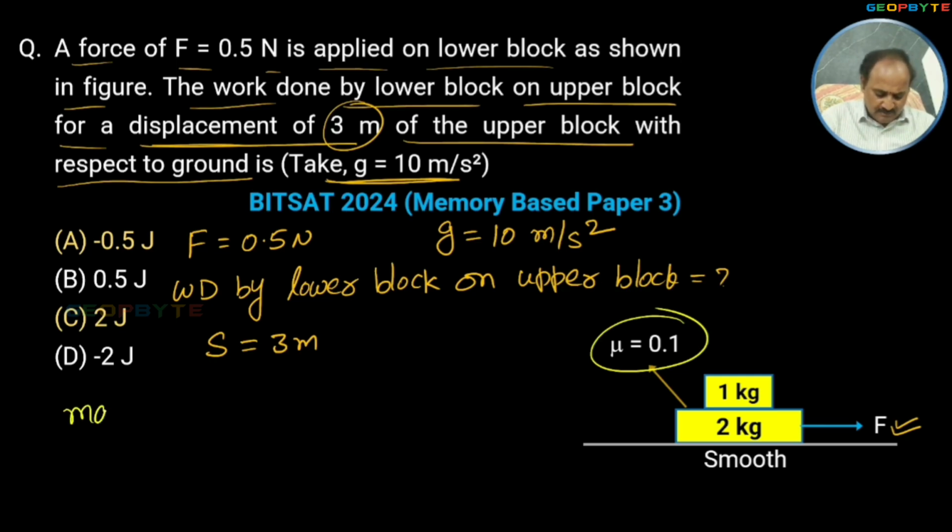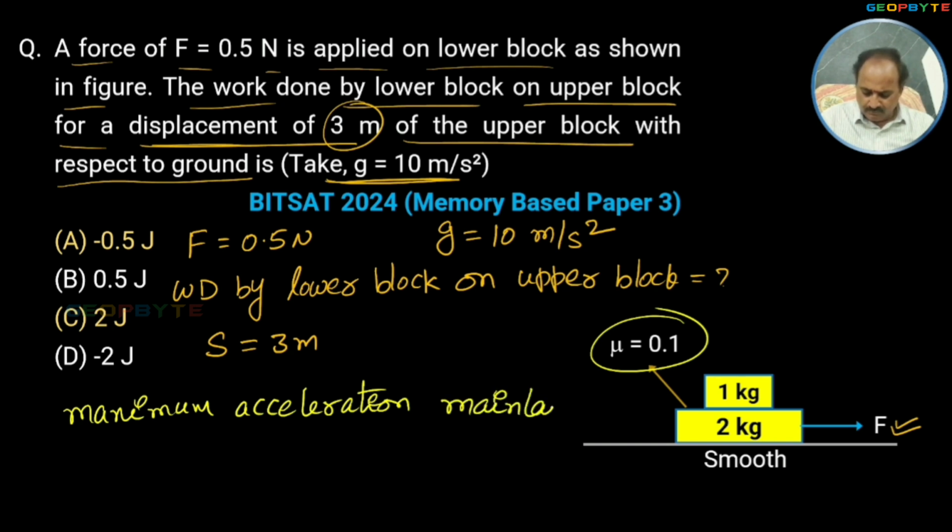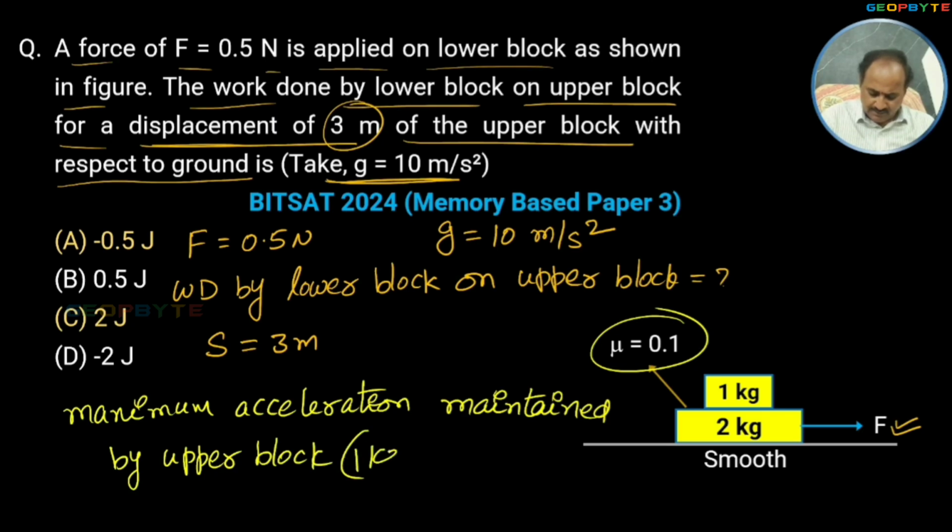The maximum acceleration maintained by the upper block, that is the 1 kg block, I am marking as A max, equal to mu into g.